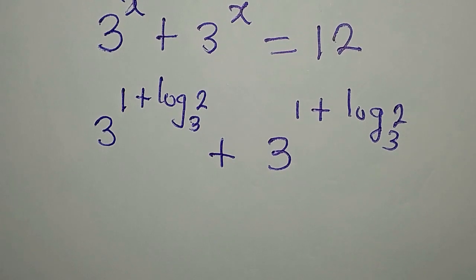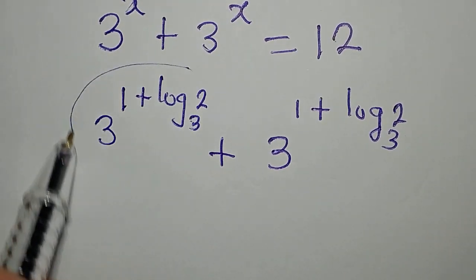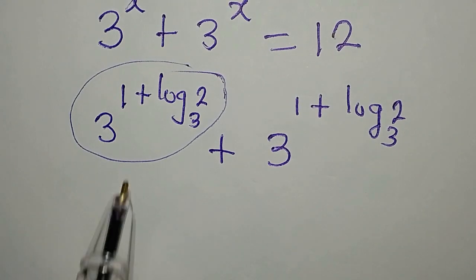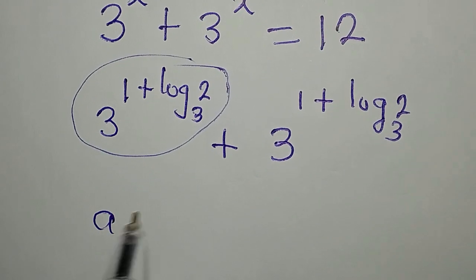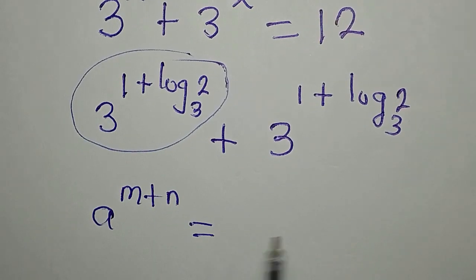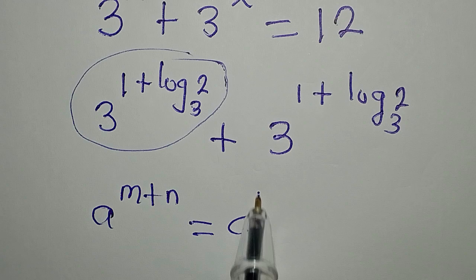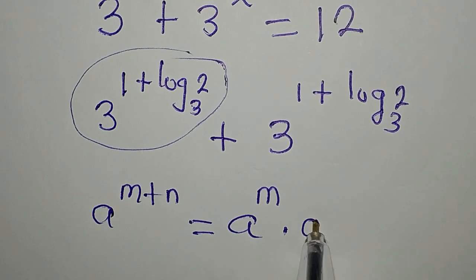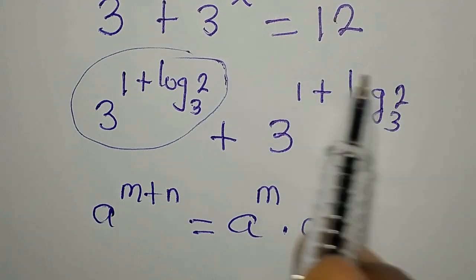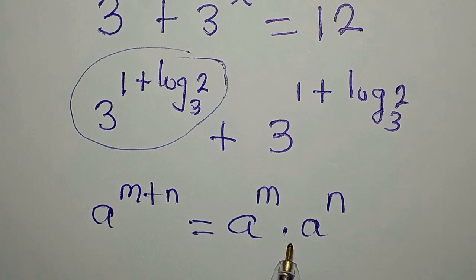That is the question. Now, from here, we're going to apply one of the laws of indices: a^(m+n) is the same thing as a^m multiplied by a^n. So I can express this in this form, and I will also express this in this form.